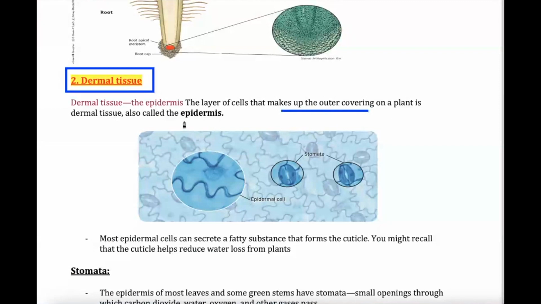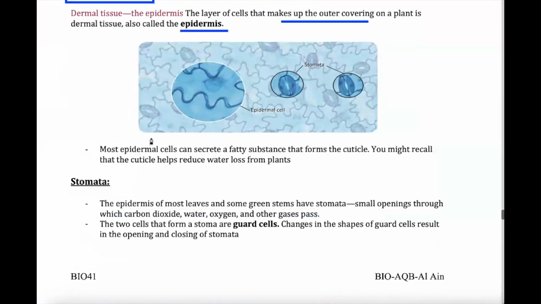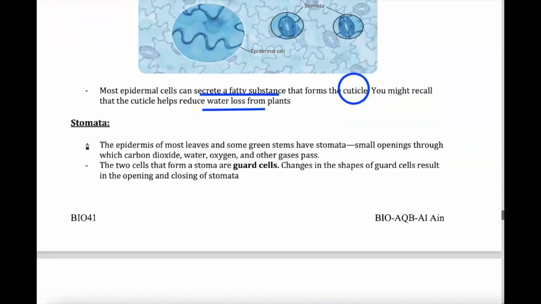Most epidermal cells can secrete a fatty substance called the cuticle, on the outer surface of the cell. It protects them from water loss, from insects, and from being eaten by animals. So there are many functions of it.